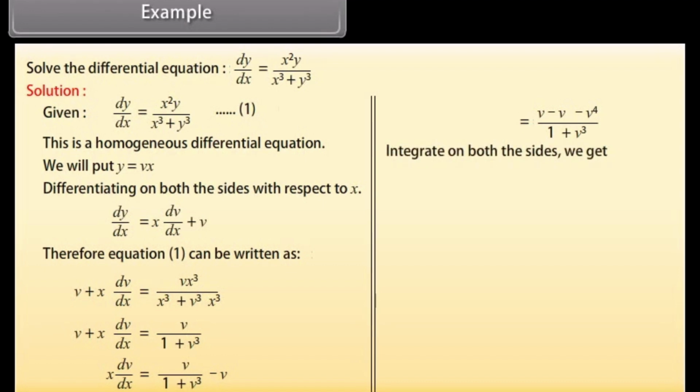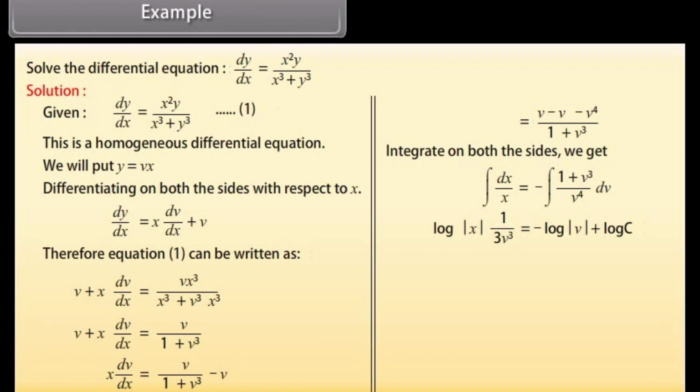Integrate on both the sides, we get integral of 1 by x with respect to x equals minus integral of (1 plus v cube) by v raised to the power 4 with respect to v. Log of mod x equals 1 by 3 v cube minus log of mod v plus log c. Log of mod (vx by c) equals 1 by 3 v cube.